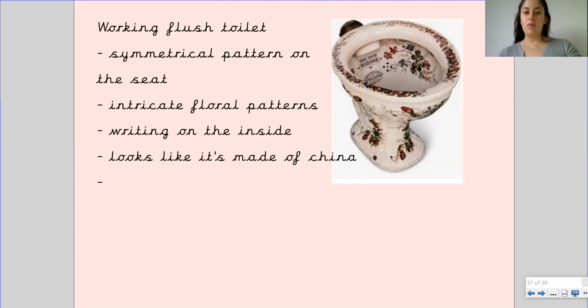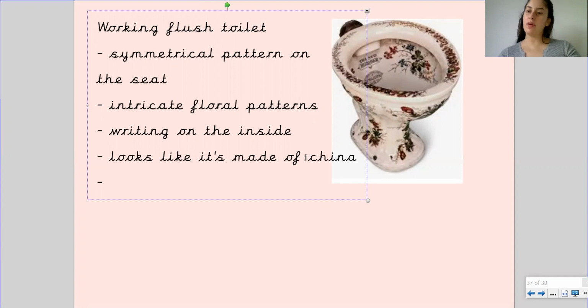And finally, what can you see at the back? Before we move on, if you have got china at home, your parents will probably be a little bit sensitive about whether you use it or not, because how could you come up with a word to describe china?